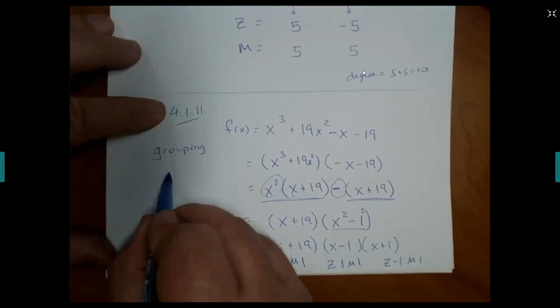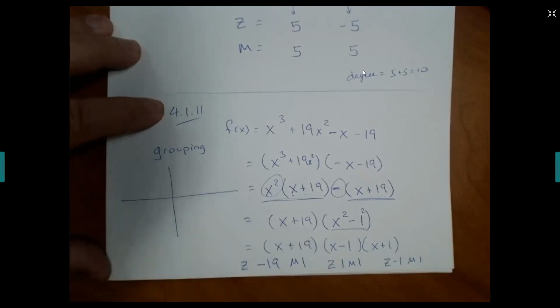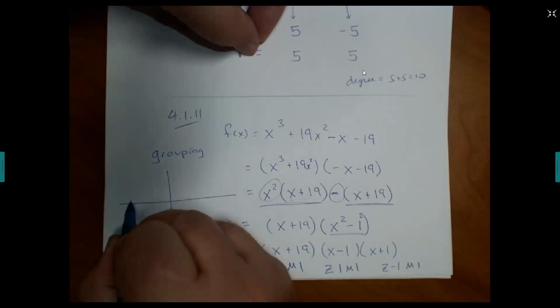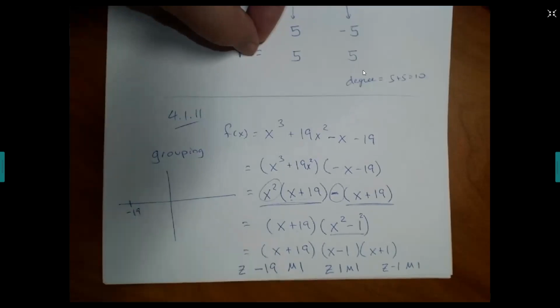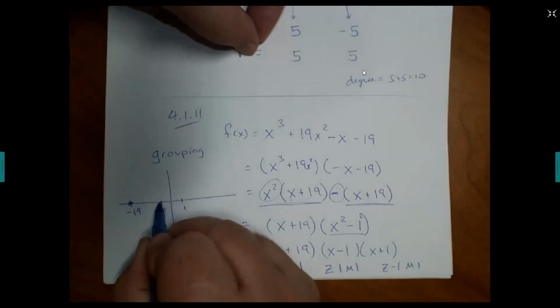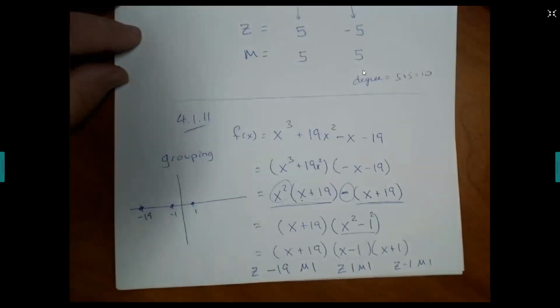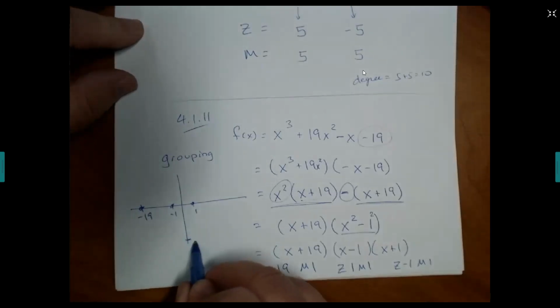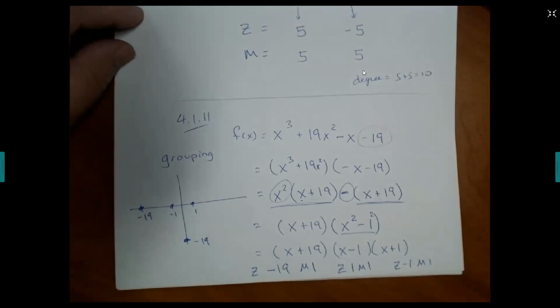Okay, so if we drew the graph of this thing, we know we have zeros at negative 19, at negative 1, and at positive 1. Where else do we have an intercept? At negative 19, right. What's the graph going to look like?